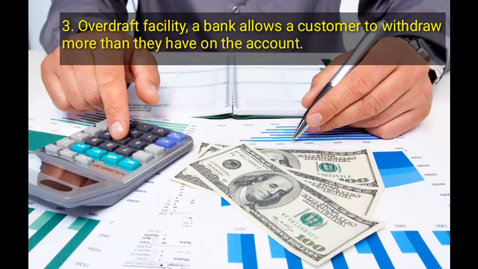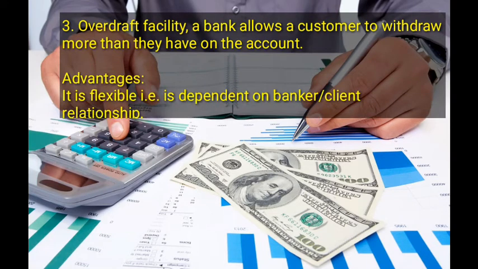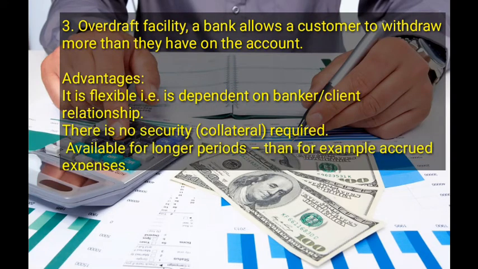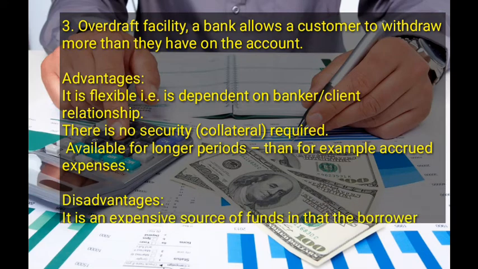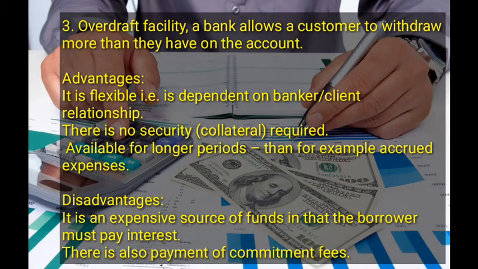Another short-term source of financing to the business is the overdraft facility. Overdraft is when a bank allows the customer to withdraw more than what they have on the account. And the advantage that we have is that it's flexible because it depends on the bank-client relationship, how you connect with a bank.